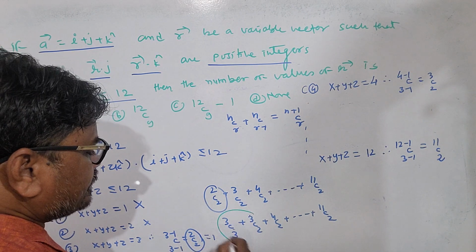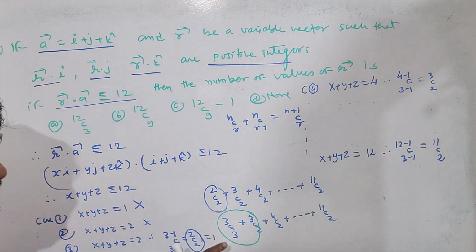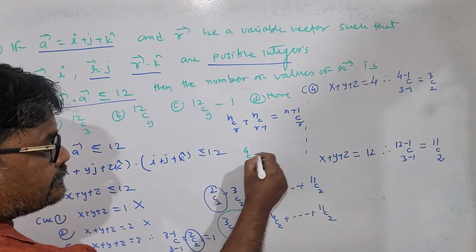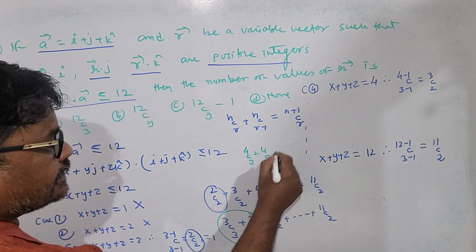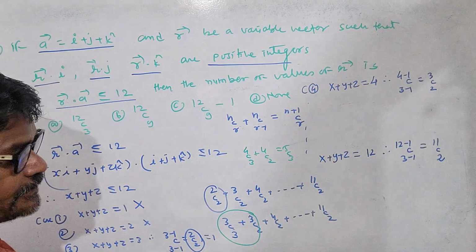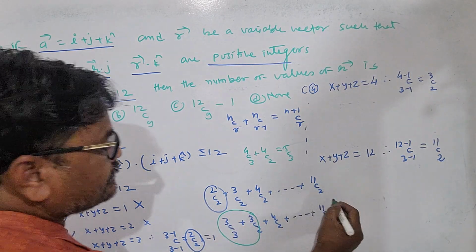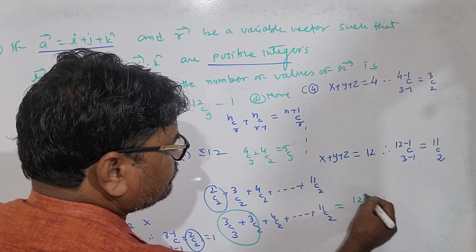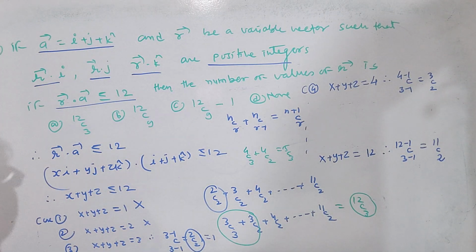This will convert into 4C3. Then 4C3 plus 4C2 again converts into 5C3. So 3 is always there in the suffix. Finally 1 is added, so this is equal to 11 plus 1, means 12C3. 12C3 will be your answer.